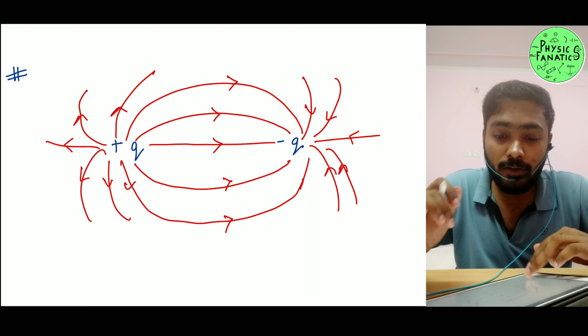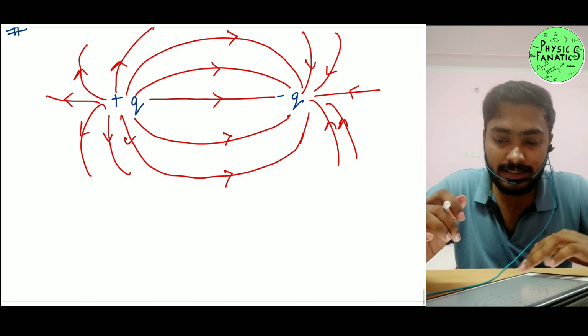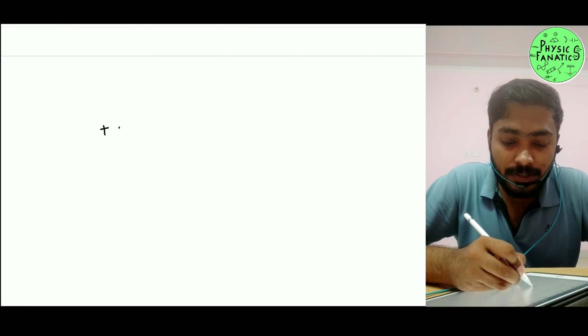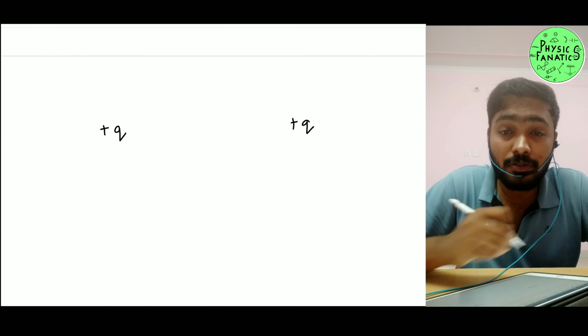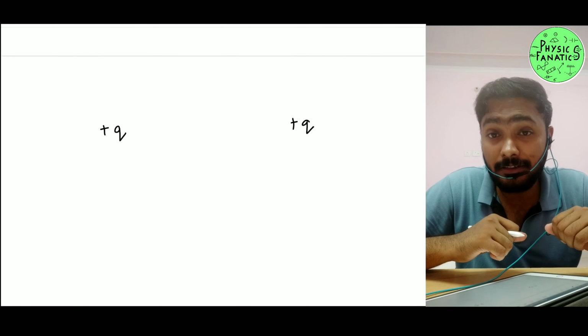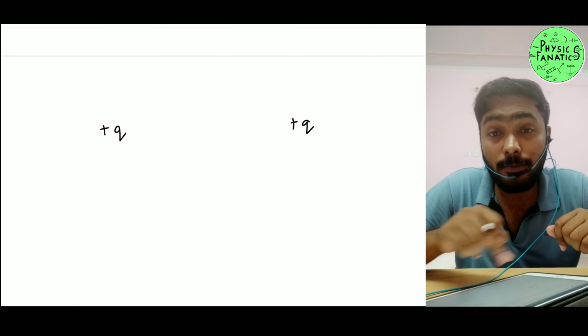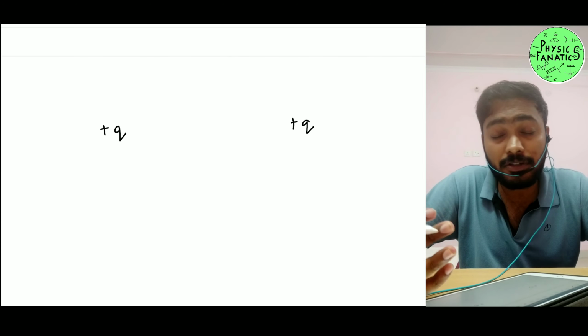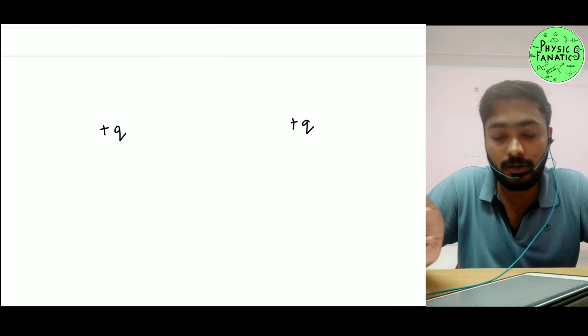One more important thing that we have to understand here. What will happen if we have a positive Q charge and also a positive Q charge? How are we going to draw the electric field lines? It's pretty simple, because we know electric field lines always run out of a positive charge.